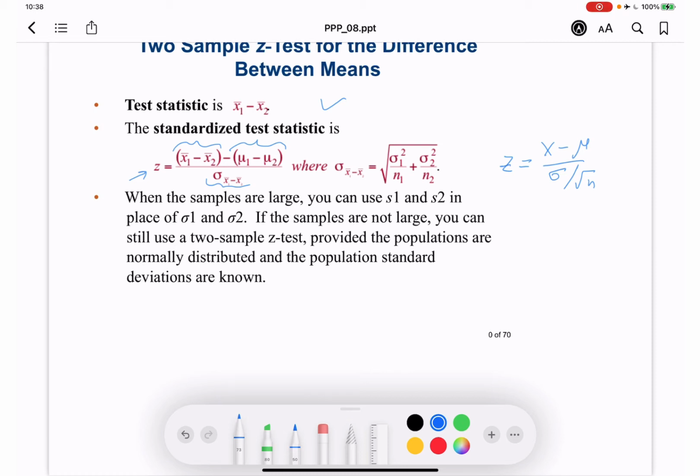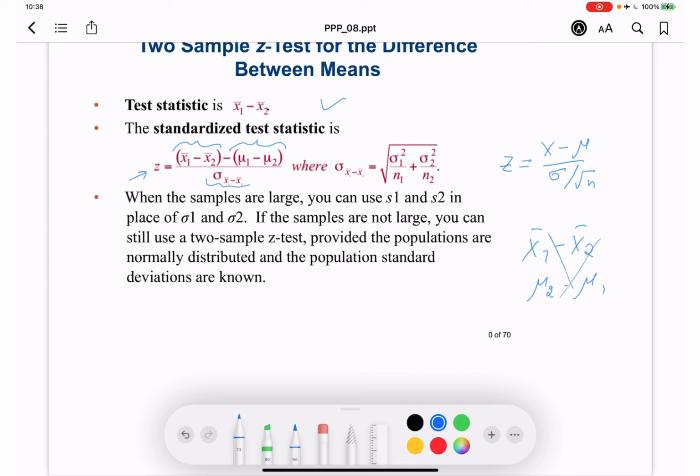When I say difference between sample means, that's the average of one sample minus the average of the other sample, and we need to keep the same sequence for the population also. The mu for the first population minus mu for the second one. You can't do x1 minus x2 for the sample and mu2 minus mu1 for the population. It's not going to happen.